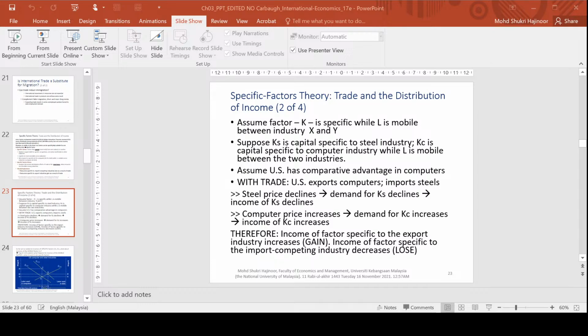Immigration of unskilled workers results in an increase or decrease in the supply of skilled workers. So the question is, let's go back, trade and immigration.